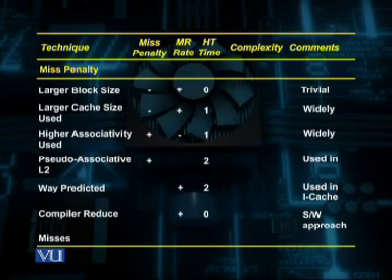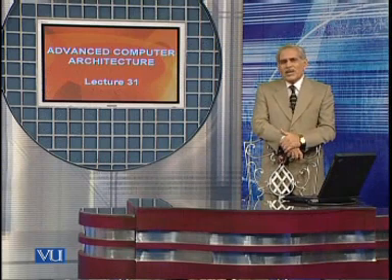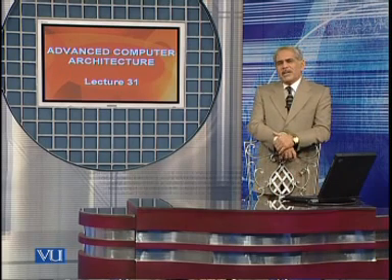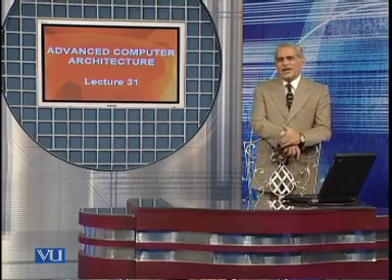The other 2 methods which we discussed, that is using the miss rate and miss penalty in parallelism, can be done by using non-blocking caches, the hardware prefetching, and software prefetching. As we discussed just now, these 3 techniques are quite complex and they are very rarely used.